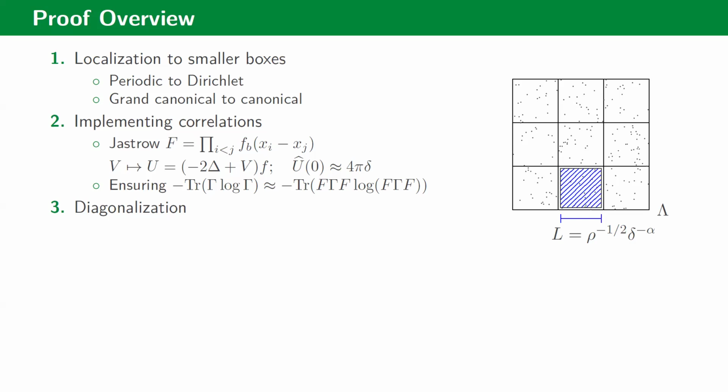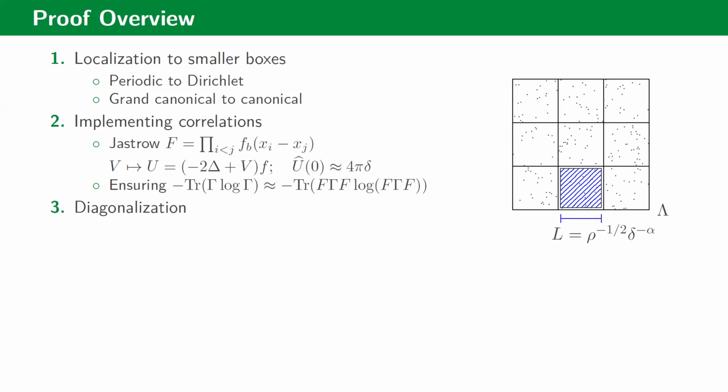The way we do this Jastrow is we just take a product of this scattering solution F, which we saw before, and you can compute what the Hamiltonian does with this F, and you actually see that you regain the scattering equation.